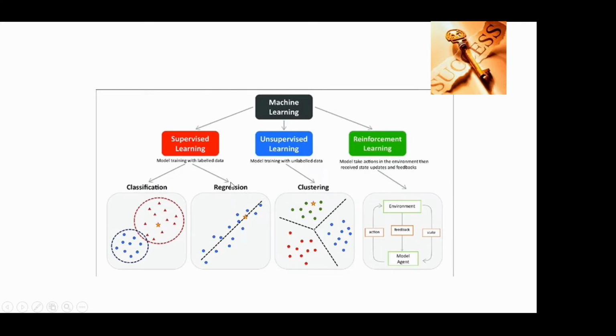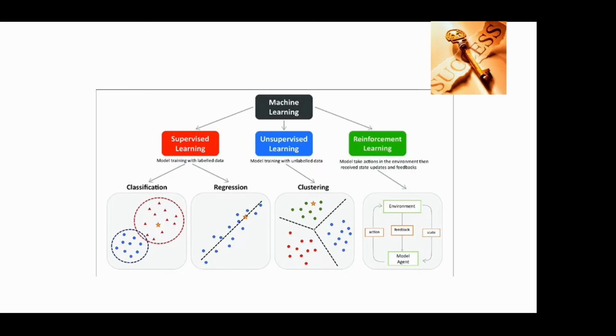Under regression analysis, suppose we want to predict the future share price, or do future forecasting. We will use the regression analysis technique under supervised learning. Regression analysis predicts a continuous variable, not a discrete variable, so there is no range.